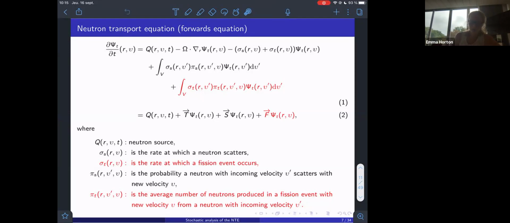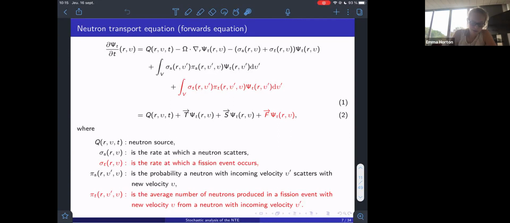Okay, and pi F is the average number of neutrons produced at a fission event, so it's not a probability density. So this equation says: what is my current configuration, what's the flux, and how could all of these different events have contributed to that flux.